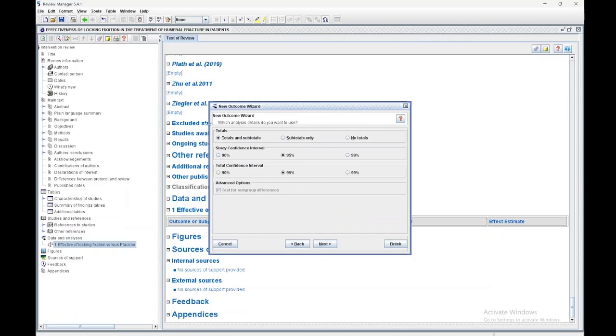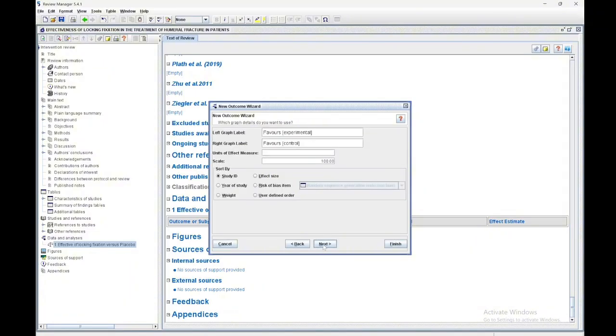Now, when you come here, you need to leave totals and subtotals. Don't touch anything there. You need to leave your confidence interval at 95, but let's push it to 99%. That's it. Just essentially leave it all this way. We'll move to the next. Now, this is where we position what we call our graph.